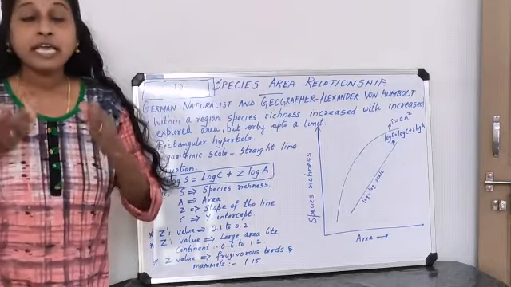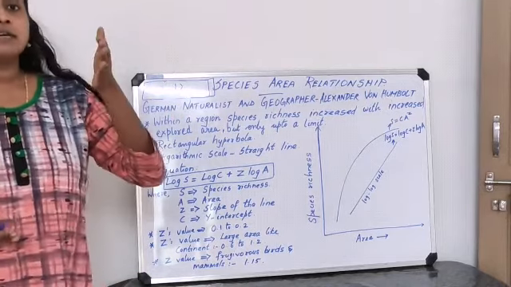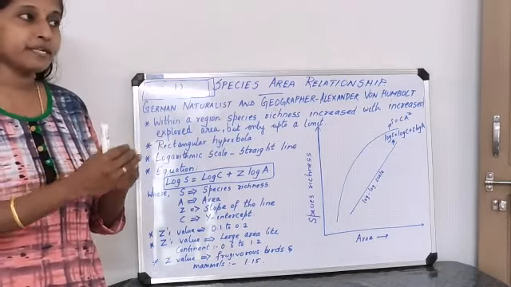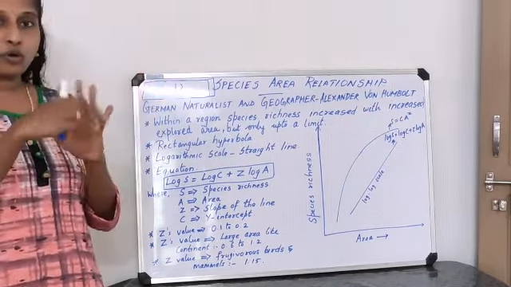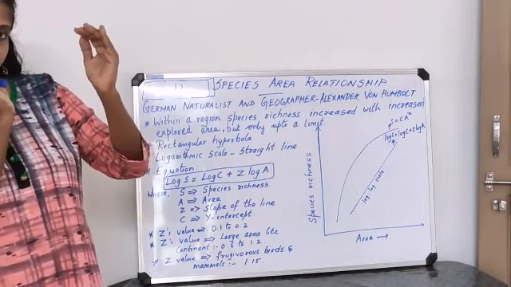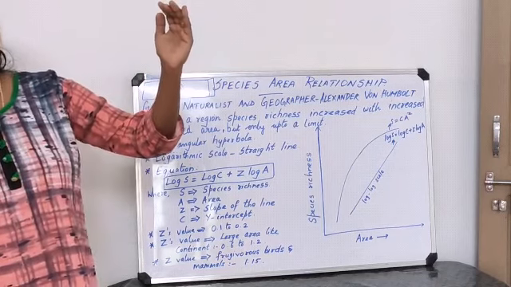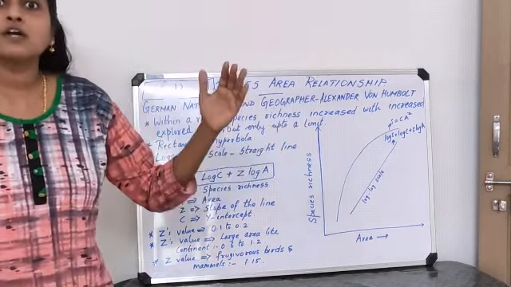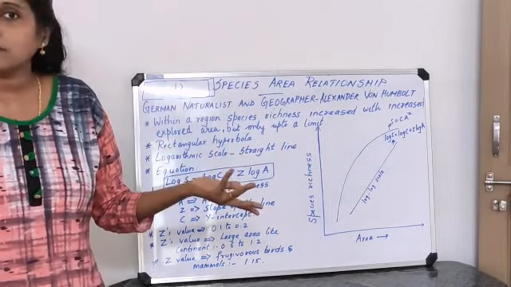That was his conclusion. He was saying that within a region, if you are seeing the species richness, like India, if you go on exploring, within a small area you have few species. When you increase the area, new species came. But as you went on increasing to some extent, new species were not found.